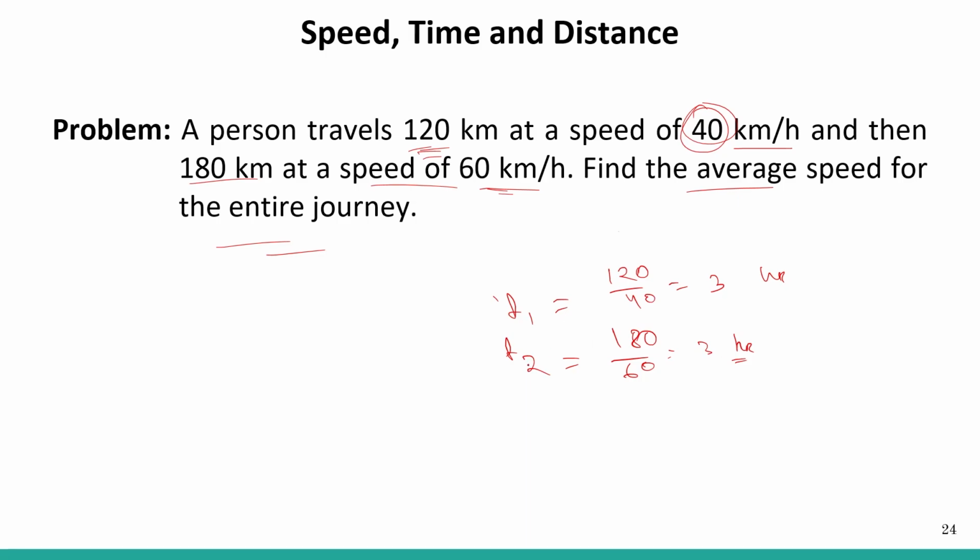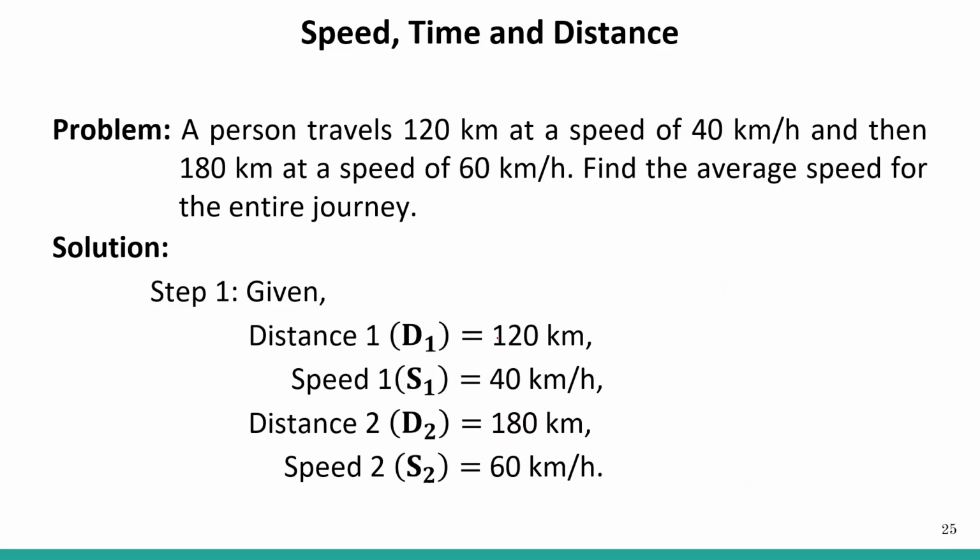Then for average speed, this is equal to distance 1 plus distance 2, 120 plus 180, whole by 3 plus 3, which is 6. So it will be 300 by 6, which is 50 kilometer per hour, the average speed. So distance 1 is equal to 120 kilometers, speed 1 is equal to 40. Distance 2 is equal to 180 and speed 2 is equal to 60.